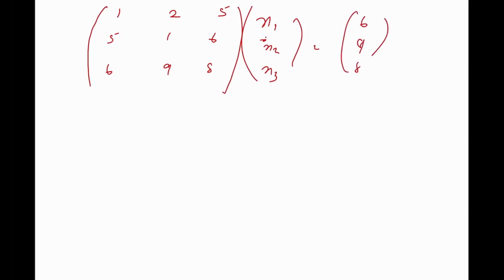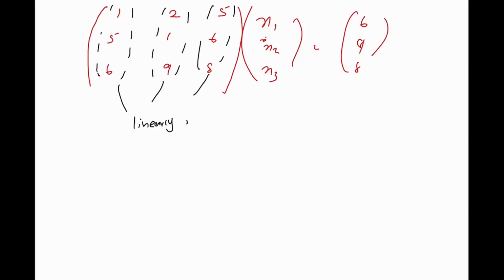Now what if you take these 3 basis vectors, these 3 columns, and they are linearly independent? Just think, what would happen?